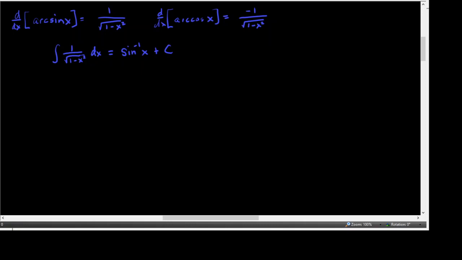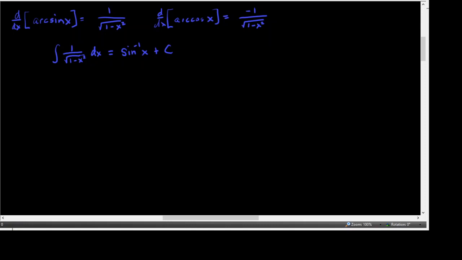Notice that the formula involves an a, which is a constant, so it doesn't have to be 1 minus x squared. It can be any number minus a function of x squared, where u is just a function of x, and then the du, of course, is part of that. So we'll have to make sure we have the derivative of that inside function.